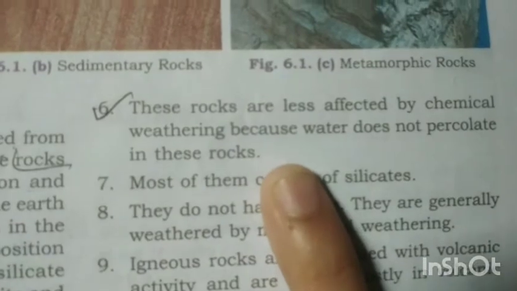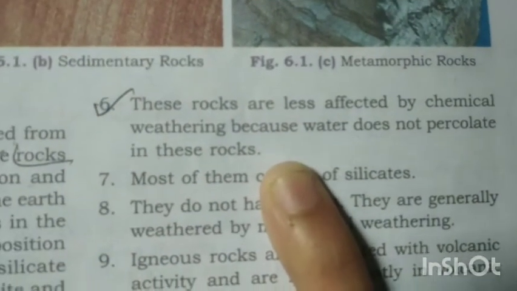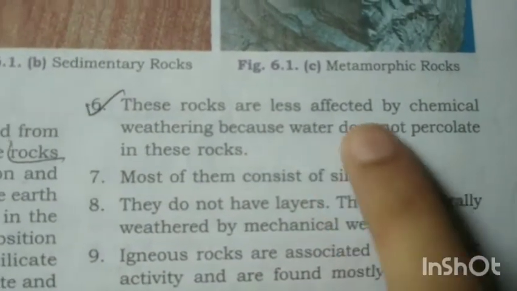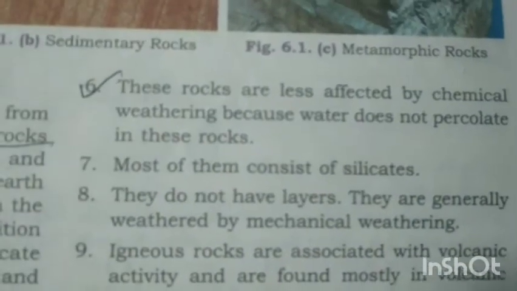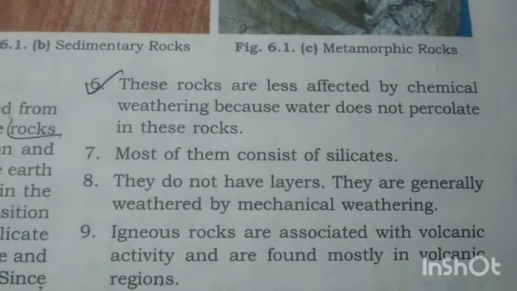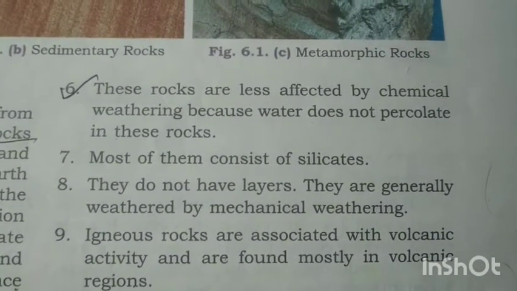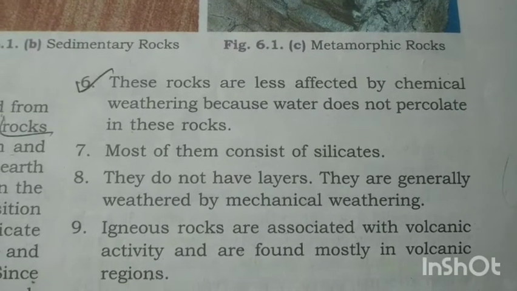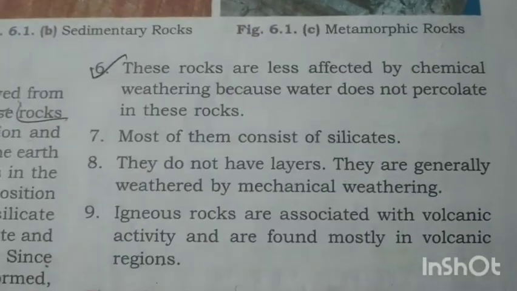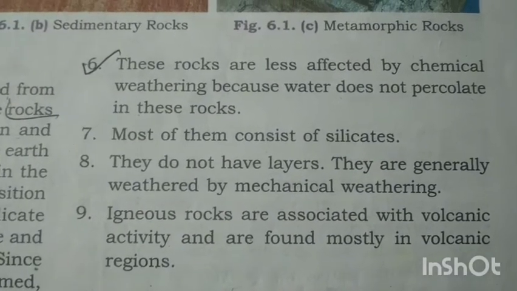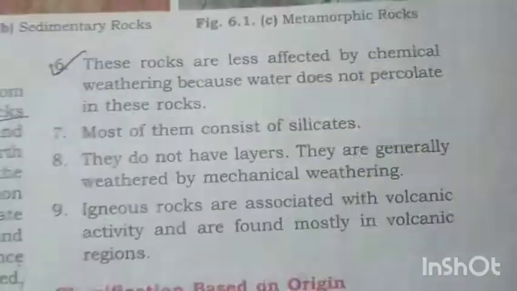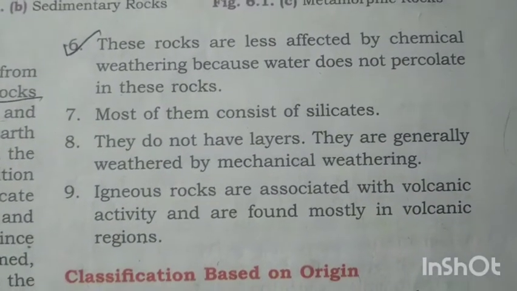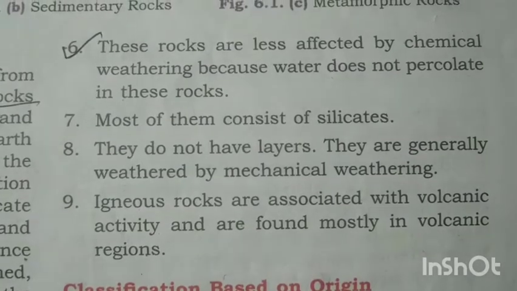So when igneous rocks are exposed to the Earth's atmosphere, physical weathering occurs and they break down, and those fragments are carried by water, glaciers, wind or ocean waves, and these rocks act as sediments and then are deposited. This is how sedimentary rocks are formed.